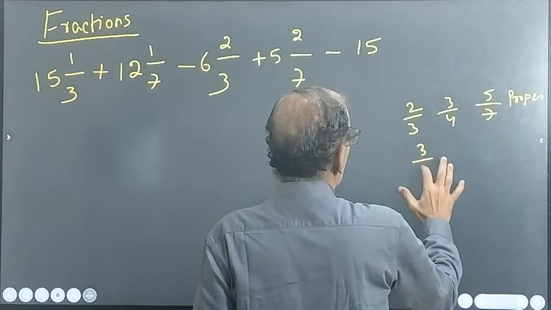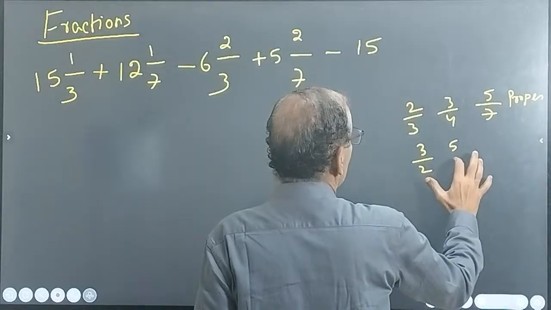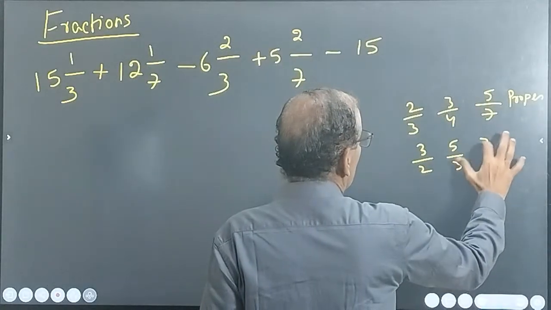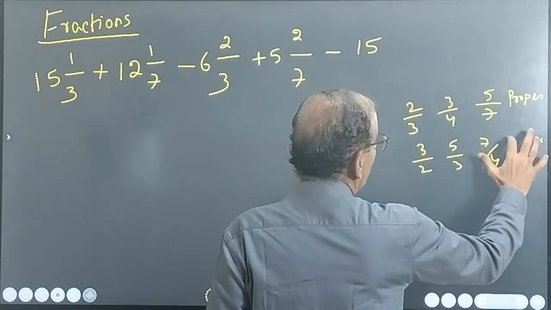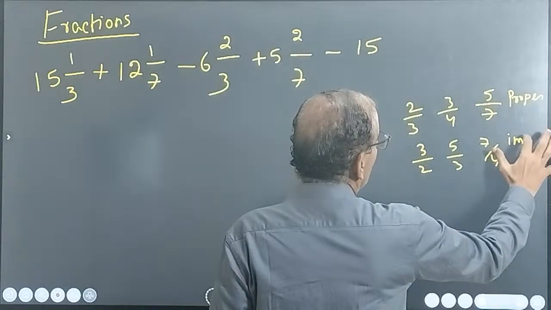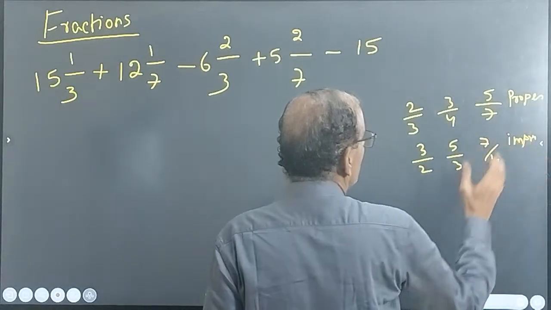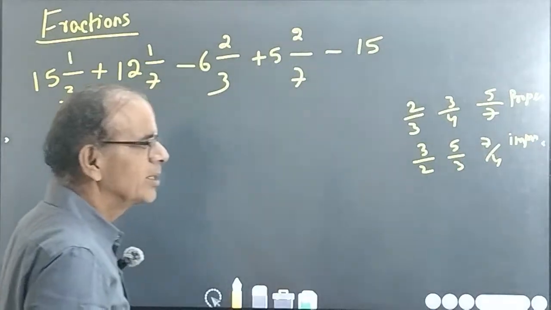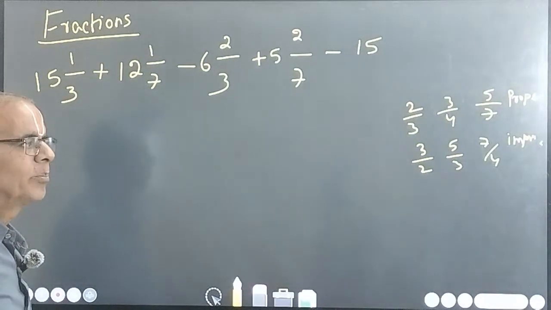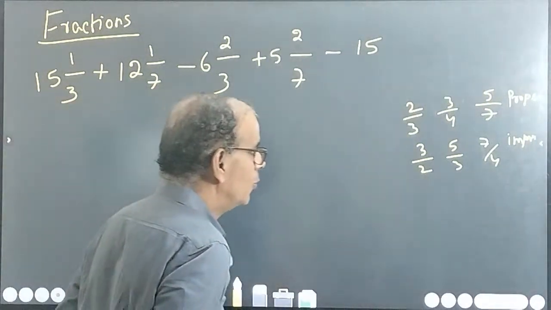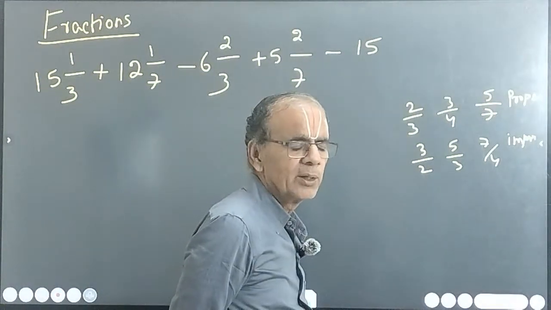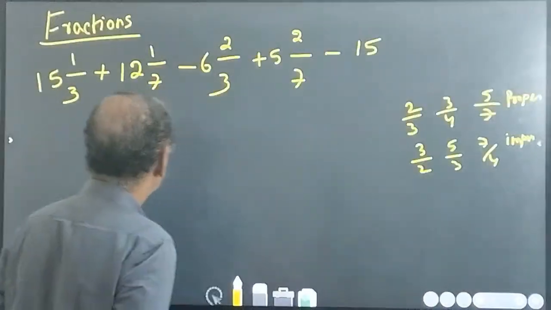Suppose 3 by 2, 5 by 3, 7 by 4 are there. These are called improper fractions. You should always give the answer as a proper fraction. The numerator should be less than the denominator.